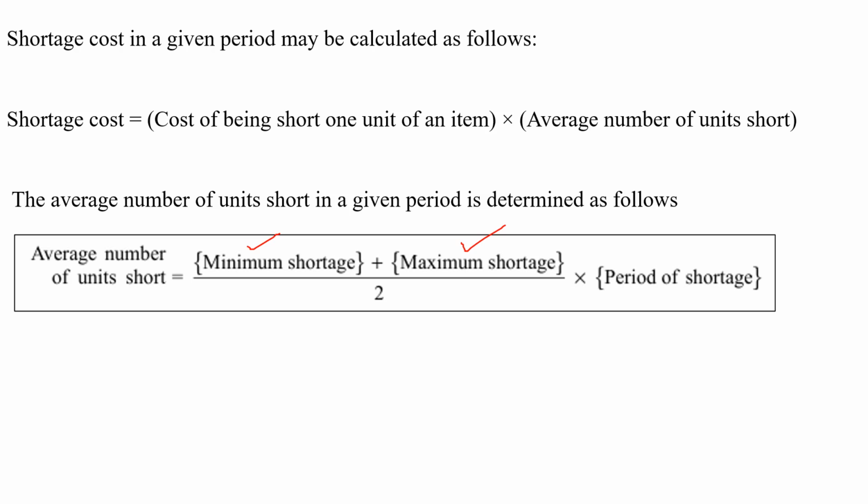So shortage cost equals the cost of being short of one item times the average number of units short, where the average shortage is the minimum shortage plus maximum shortage divided by 2, times the period of shortage.